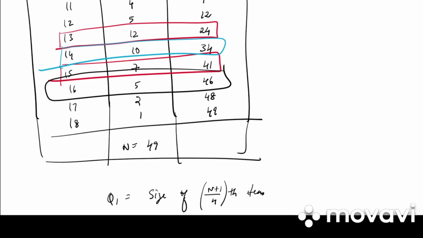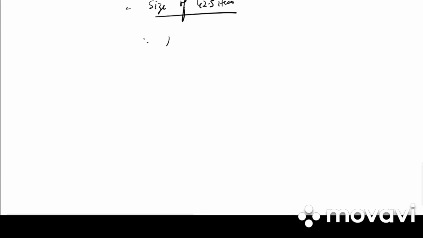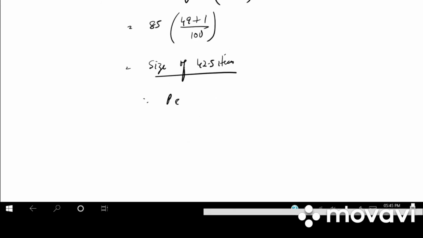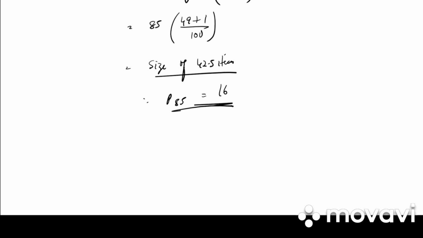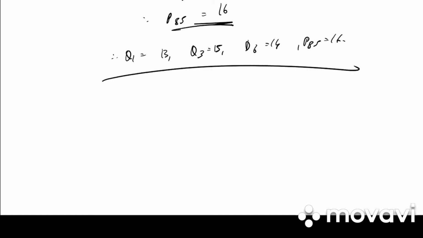How much is it? 46. Therefore, P85 is equal to 16. Always we need to see the cumulative frequency, and whichever is the next item, that will be the answer. So therefore, Q1 is equal to 13, Q3 is equal to 15, D6 is equal to 14, P85 is equal to 16. Clear?